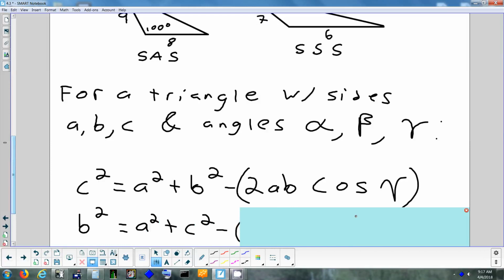Yes? 2AC. Yep, 2ac cosine of the angle across from the letter I started with. So it would be cosine of, Brady? Beta. Yep, cosine beta.